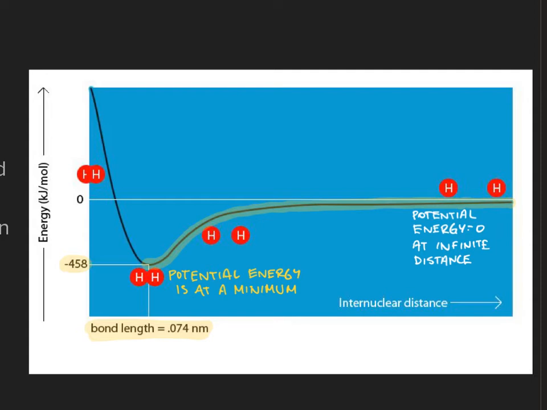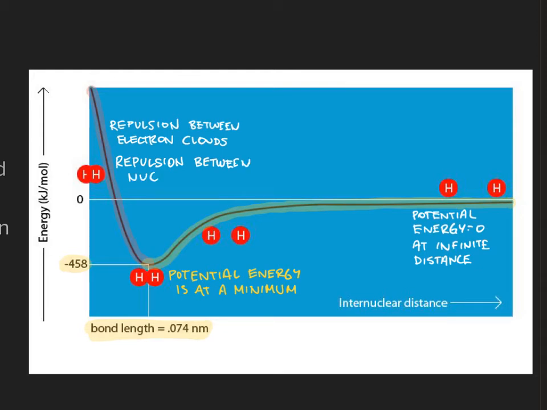And you'll also notice that as we bring those atoms closer together than the bond length, the potential energy of the system again starts to rise. And we can justify this observation by considering that not only are there attractive forces, that is, the nucleus of one atom is attracting the electron cloud of the other, that's affecting the potential energy of this system, but there also can be repulsive forces as well. That is, repulsive forces between the electron clouds of the two atoms.